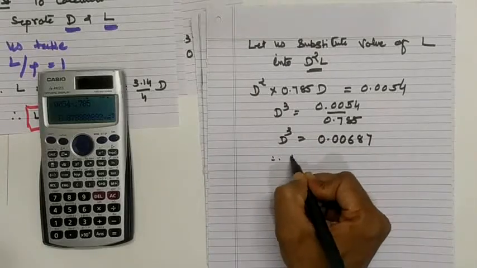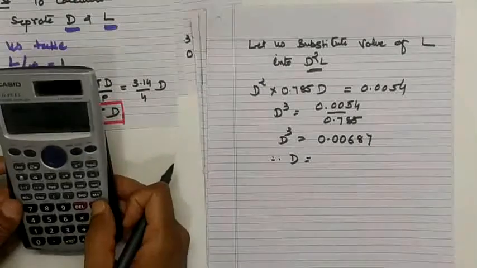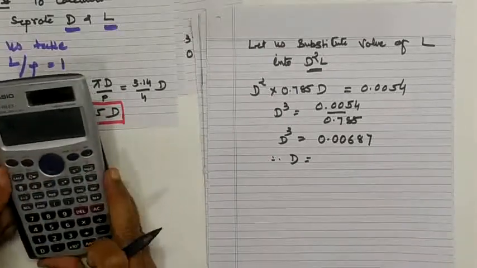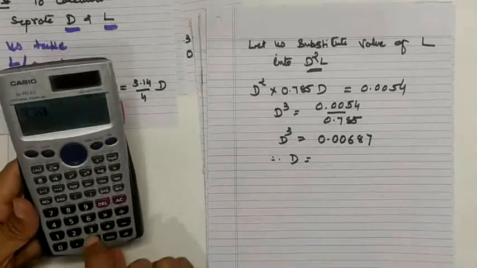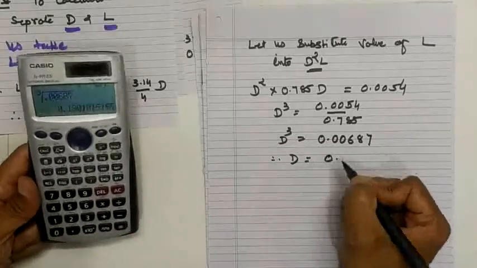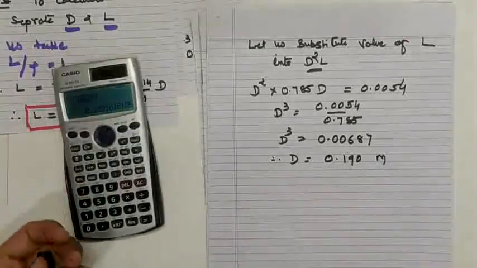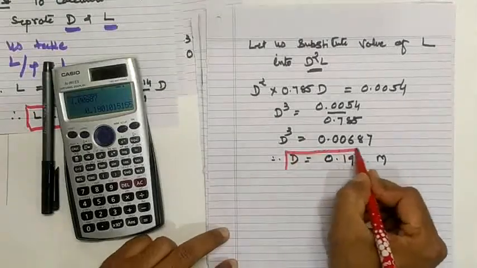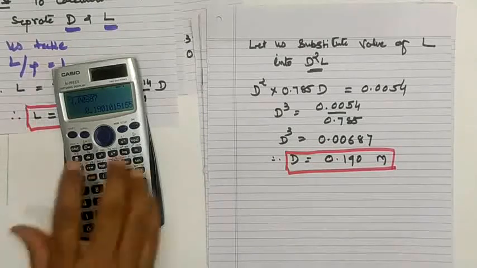Therefore D is equal to the cube root of 0.00687. So it comes to 0.190, that is always in meter. So one of the quantities we have found out, D, is now available.